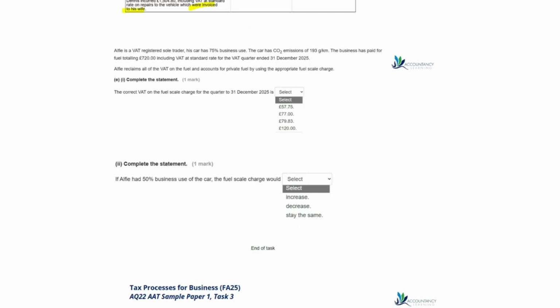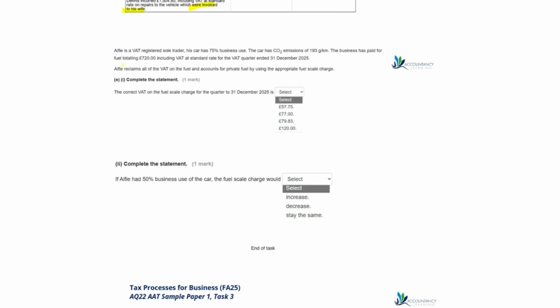Alfie is a VAT registered sole trader. His car has 75% business use, emissions of 193, and has paid for fuel totaling £720, including VAT at a standard rate for the VAT quarter ending 31st December 25.